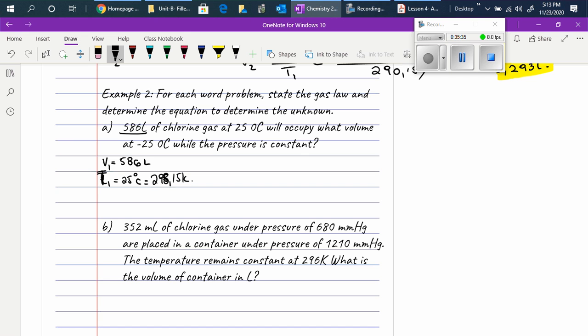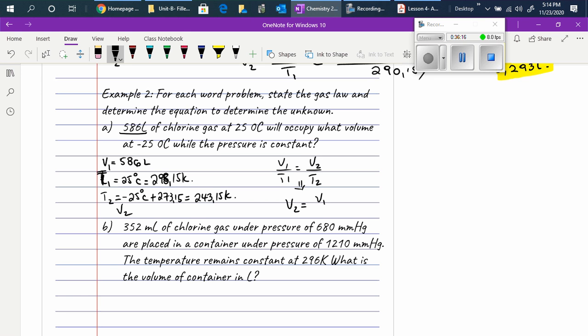And then T2 will be negative 25 degrees Celsius plus 273.15, which equals 248.15 Kelvin. As you see here, pressure is not mentioned. The number of moles is not mentioned. So what we have to use is Charles' law.